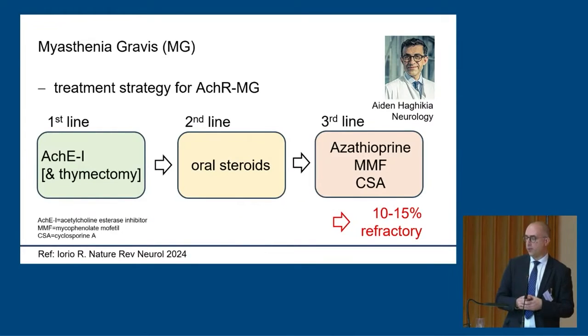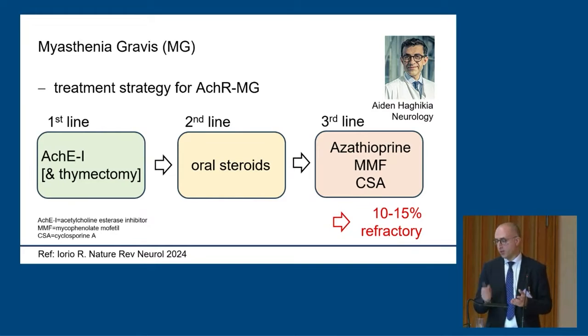The treatment strategy for AChR positive MG is very well established, and for most cases it works. It's a progressive disease, so at one point it will need treatment. As a first-line treatment, you try to block the natural degradation of the transmitter by blocking the esterase that mediates this degradation, so you just increase the concentration of the transmitter in the synapse.